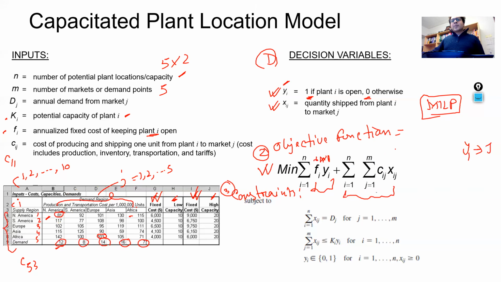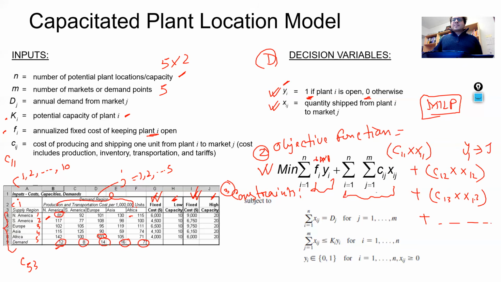For example, if I break it down, C11 will be multiplied with X11, plus C12 multiplied with X12, plus C13 multiplied with X13, and so on.